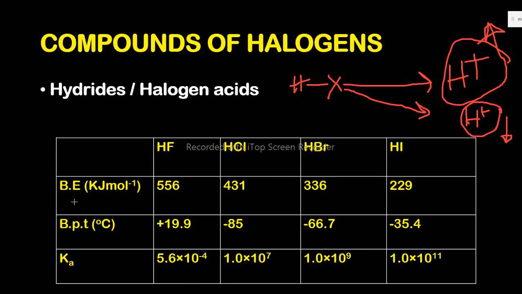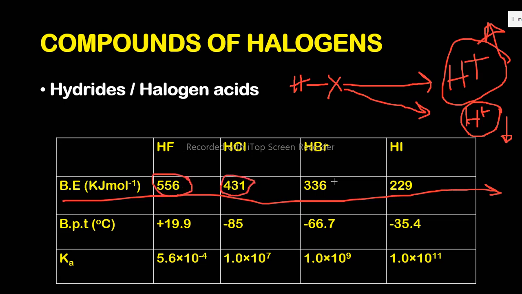So let's check on the bond energy. You can see that the strength of the bond is decreasing. The bond becomes weaker and weaker as you go down the group. Can you see that? Yes.